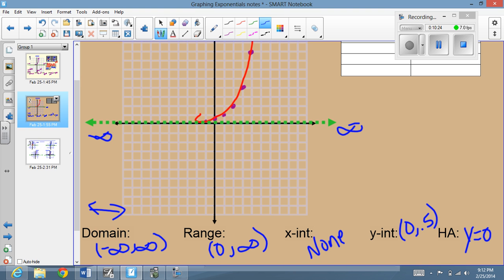Now, those are not always going to be the case as far as the range goes, because there's a chance that this whole graph could be shifted down, shifted over. These graphs can be shifted and they will be shifted. And that's what this last slide talks about.